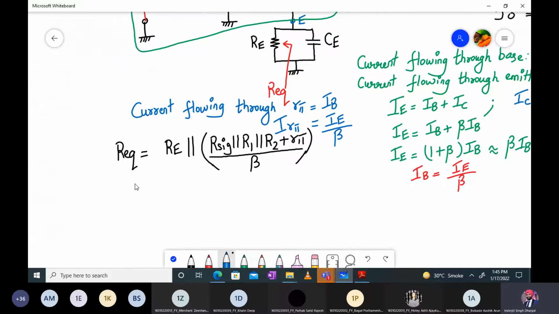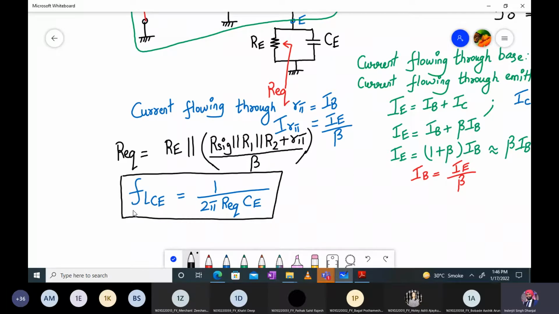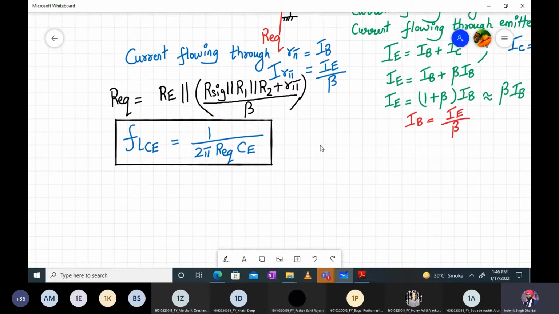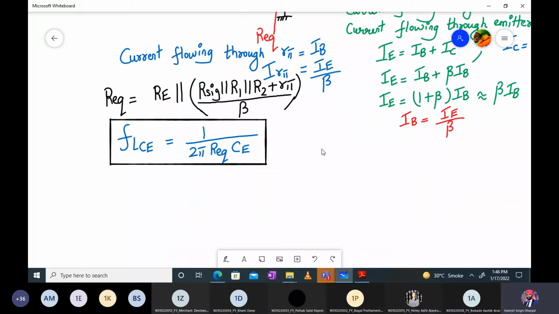Next will be very, very easy. FL of CE will be equal to 1 upon 2 pi R equivalent into CE. So this is the formula which we have, where R equivalent is given by the above expression. So this is the formula we have for the lower cutoff frequency FL of CE.